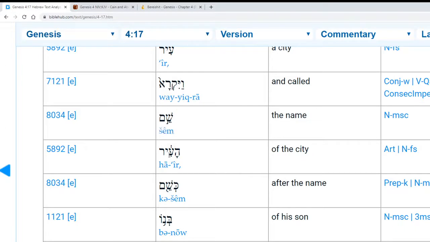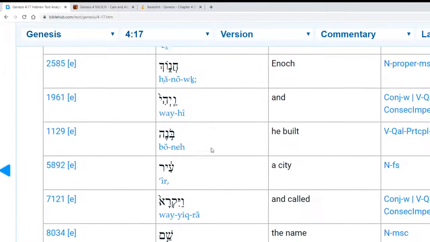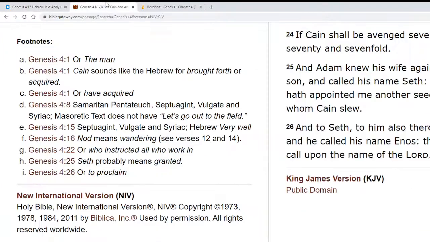And he called that city, the city. Keshem, so ke is the prepositional kaf, meaning like. Shem, name. Ben means son, o being his. Chanoch, so his son's name was Chanoch, and he called the city Chanoch.